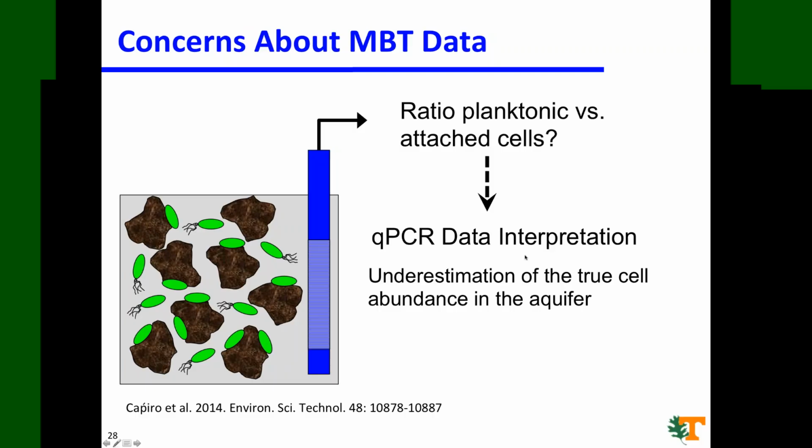So the bottom line is, what you may do is underestimate the true cell abundance in the aquifer. So you get a conservative interpretation of the true abundance because you don't get the attached cells. Natalie Capiro at Tufts University looked into this issue in more detail, and that's the paper.